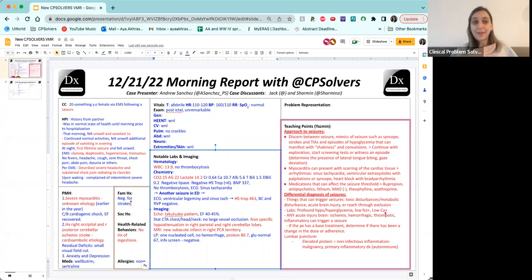I usually think about the wall of the vessels being involved in these scenarios. She's like 20 years old, so a common etiology like atherosclerotic disease is less likely. However, getting a good family history here, and also getting a lipid panel, maybe, to make sure she doesn't have any of those issues.